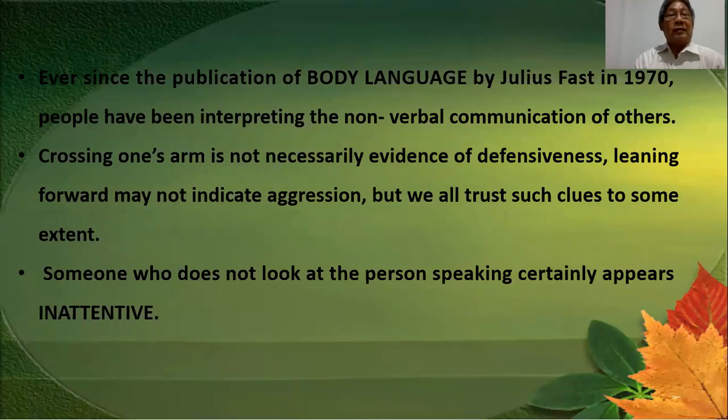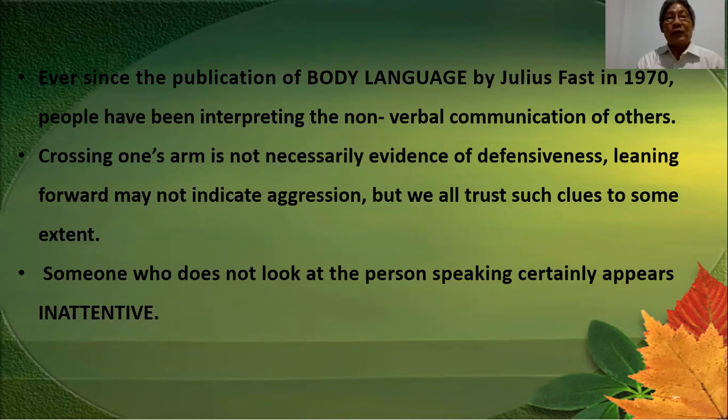Ever since the publication of Body Language, the title of a book by Julius Fast in 1970, people have been interpreting the non-verbal communication of others. We are interpreting also.